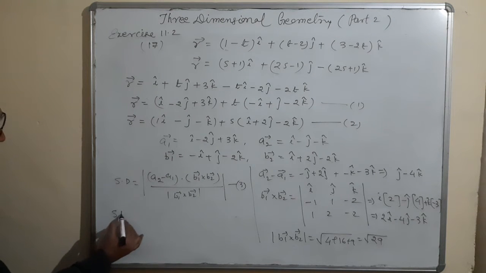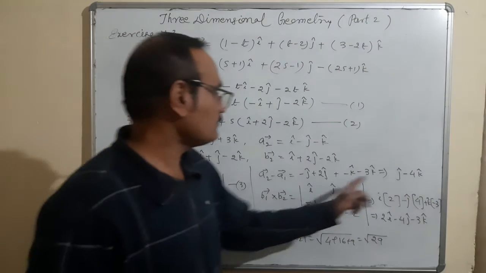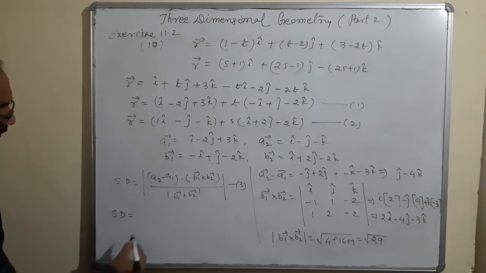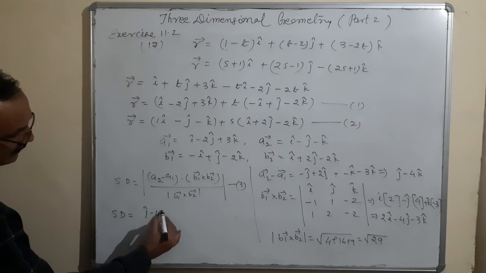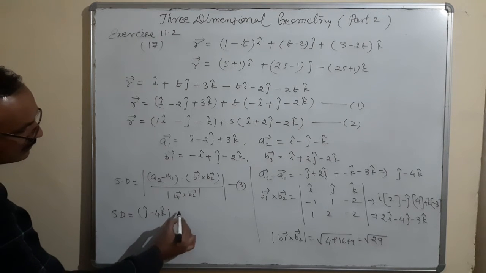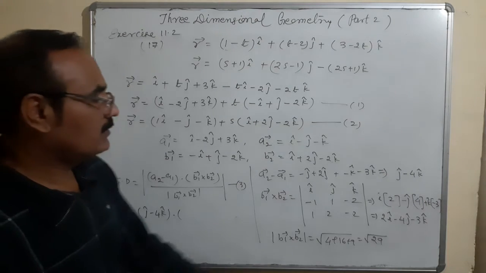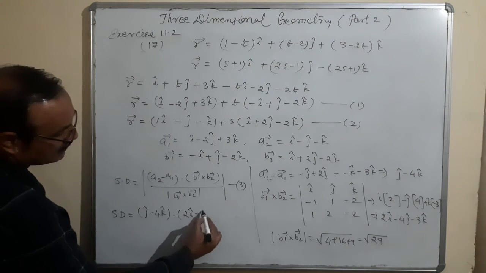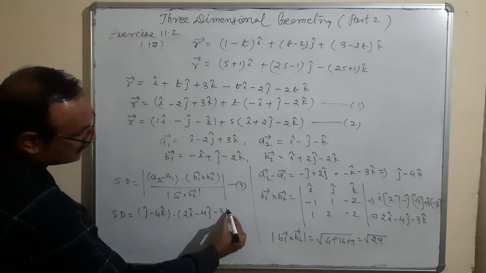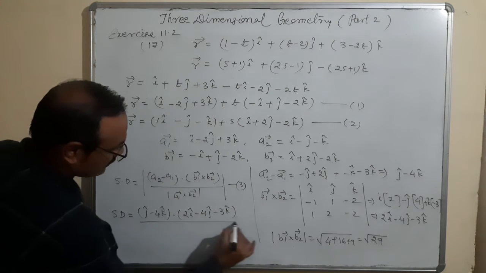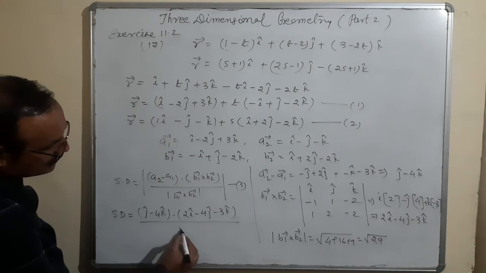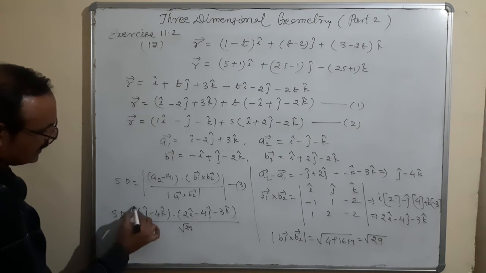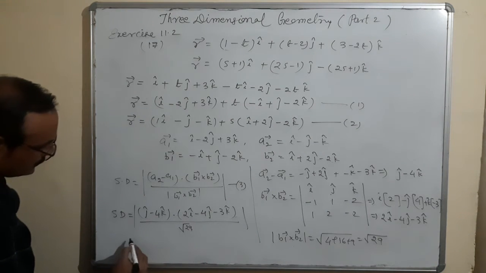So D is equal to A2 minus A1, j minus 4k, dot B1 cross B2, 2i minus 4j minus 3k, upon under root 29. And this everything is coming in root.